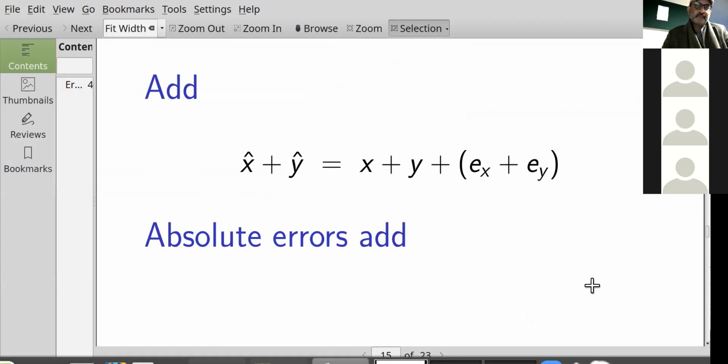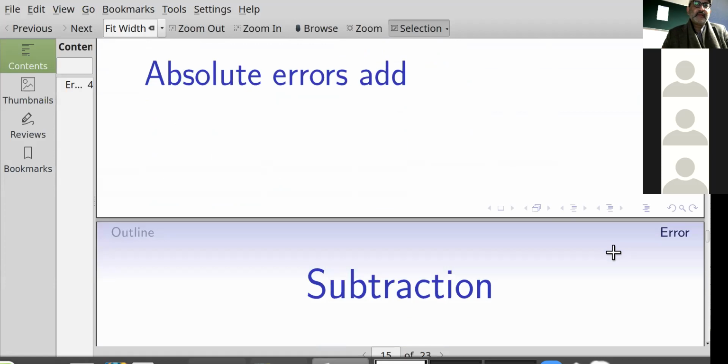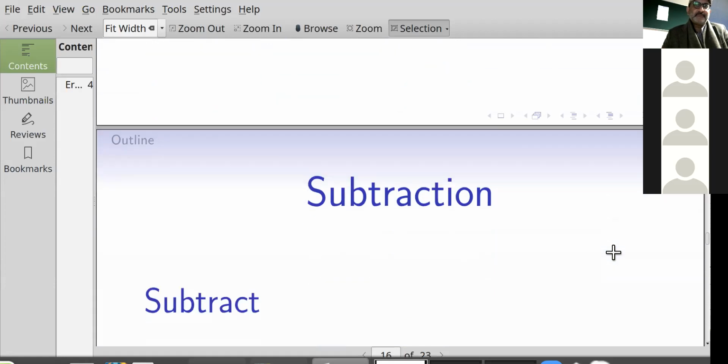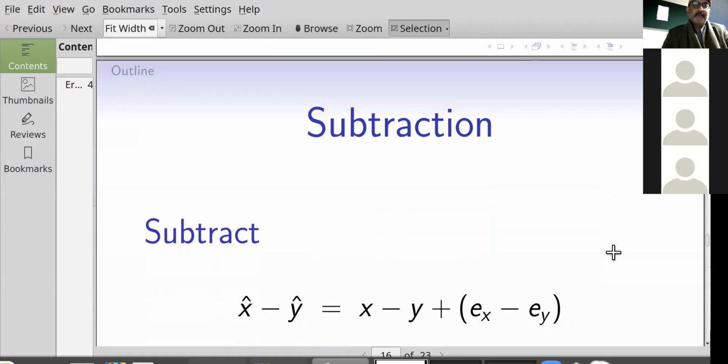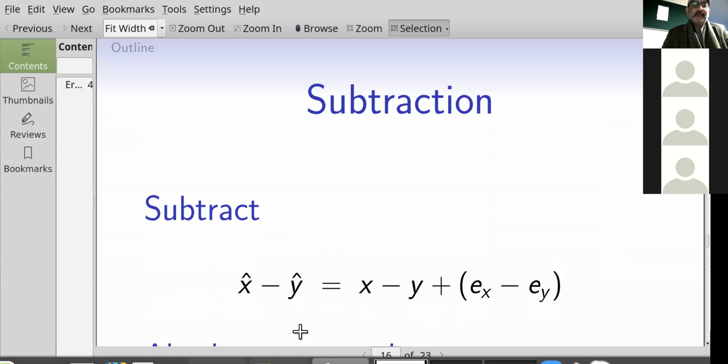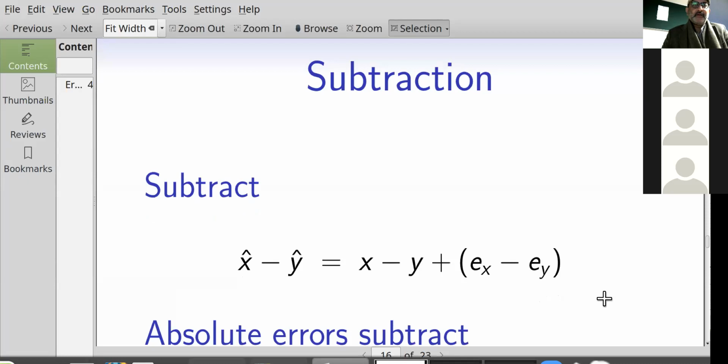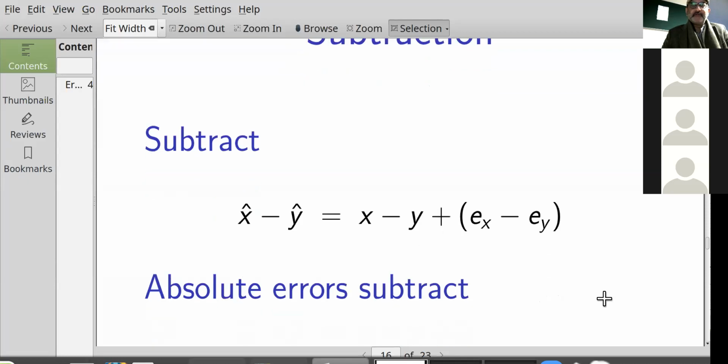Okay. What about subtraction? Well, x hat minus y hat is x plus the absolute error on x minus y minus the absolute error on y. Okay, so the absolute errors will subtract.